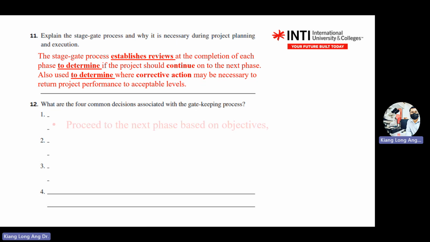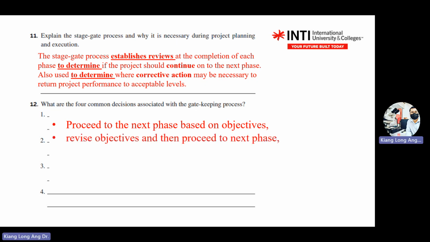Proceed to the next phase based on objective means proceed without changes. Second one, you have a revision, proceed but with revision. You not necessarily copy the same thing, but the meaning is there. Third one, you hold, but you have to feed in more information. This one is from my slide.